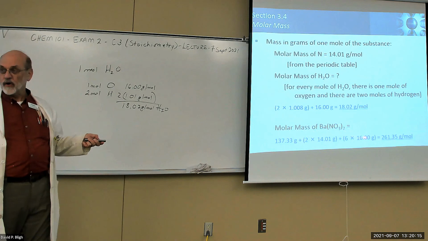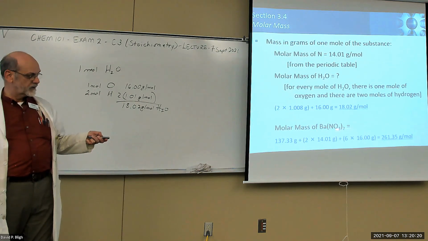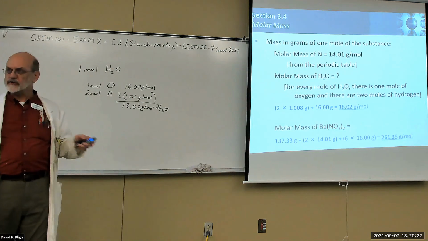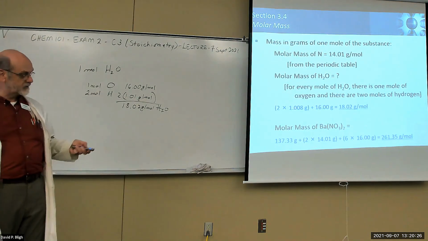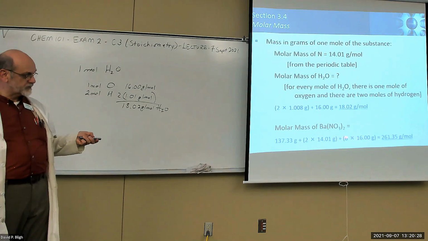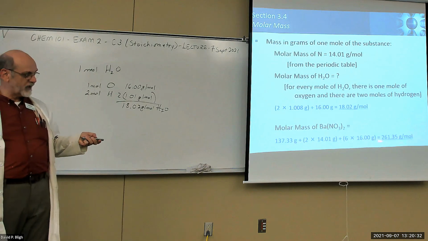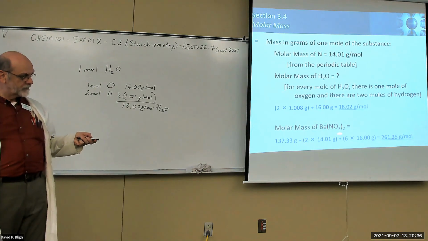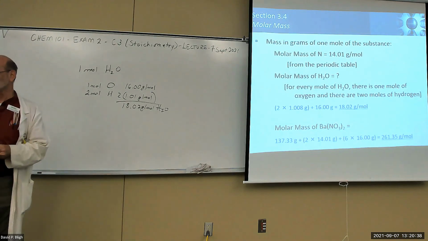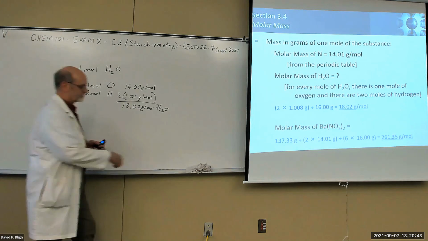Nitrogen's 14.01, we saw that earlier, times 2, because it's got this subscript. You've got 2 nitrogens in there. You've got 2 nitrates, which means 2 nitrogens and 6 oxygens. So 6 oxygens, 2 nitrogens, and 1 barium gives you the molar mass for this formula. Okay? That's how you do molar mass for a compound.